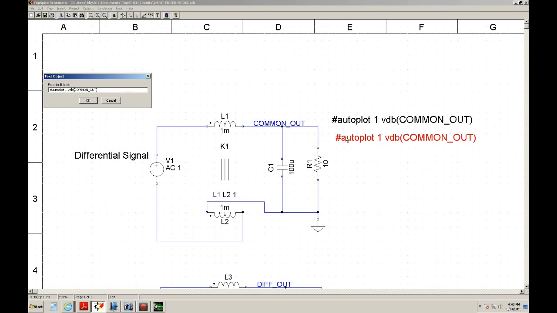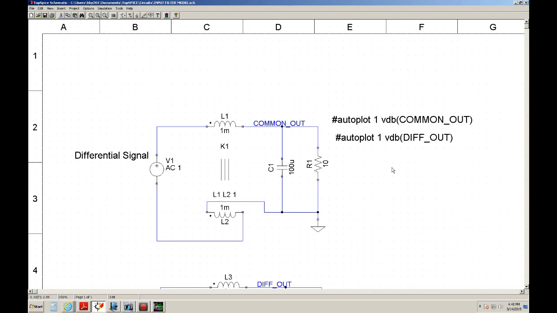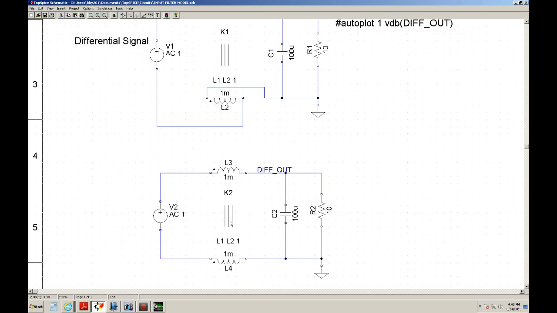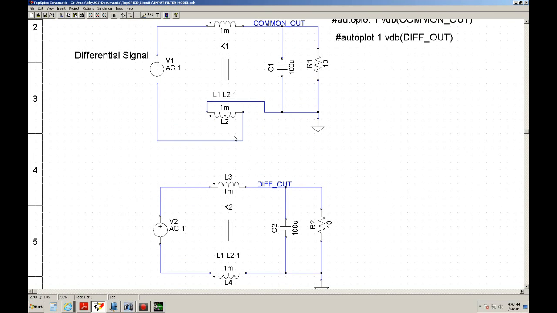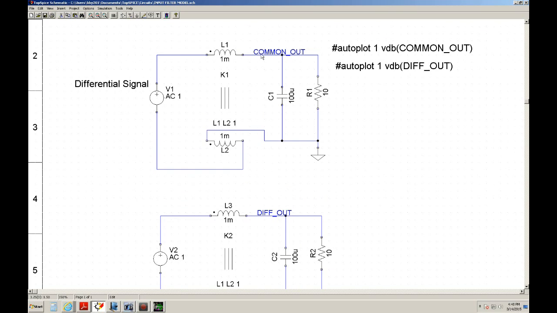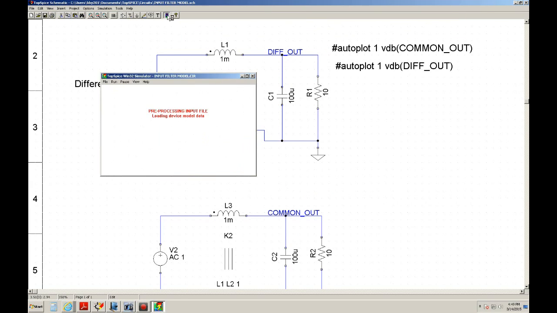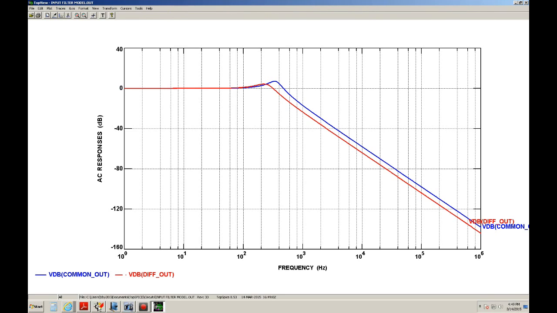I'll go ahead and say that this is the diff out and display it in the same graph. So here I have a common mode and differential. So let me change that. Bring this here. So this is your diff, and this is your common. Plot both of them. Hang on.